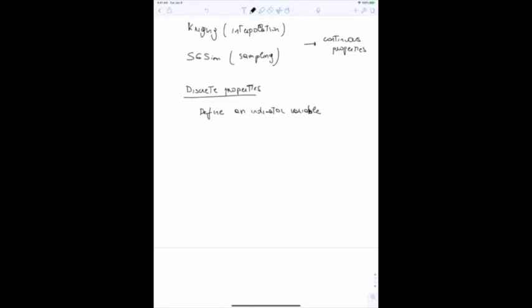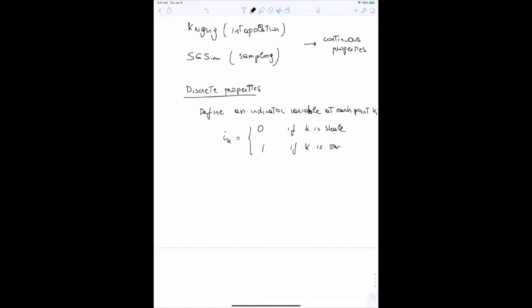At each point, say k, we define I of k, which is equal to 0 if k is shale and 1 if k is sand.